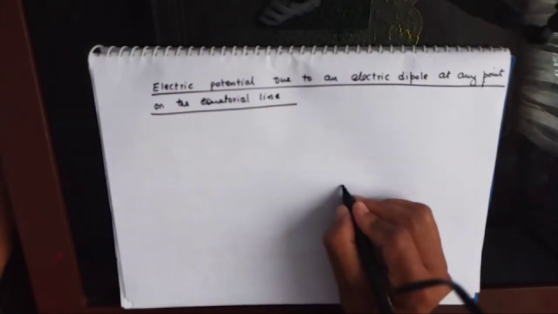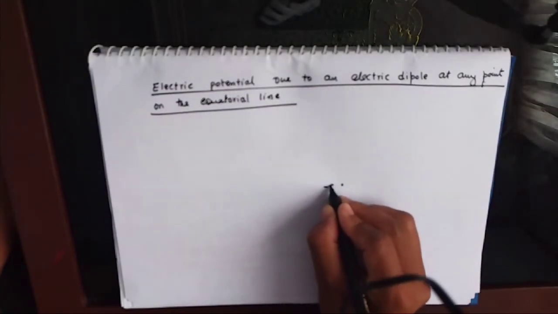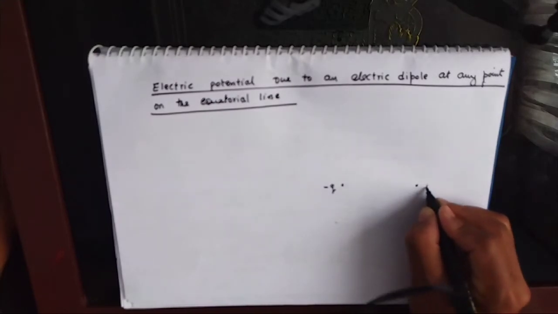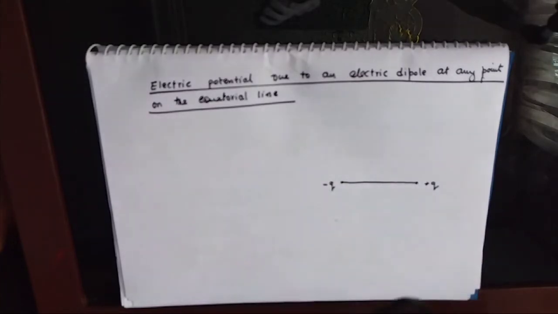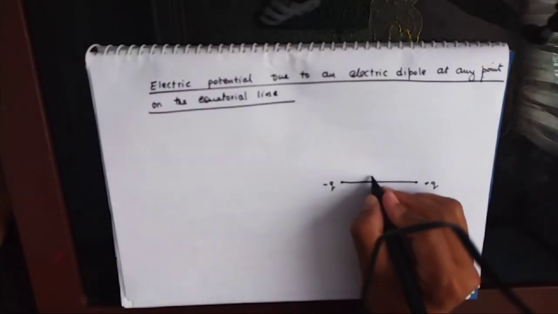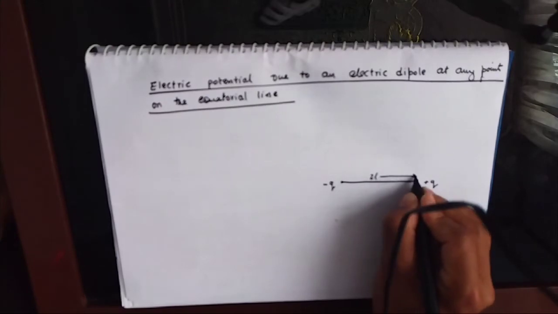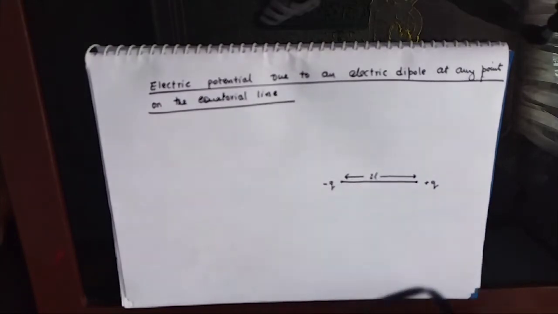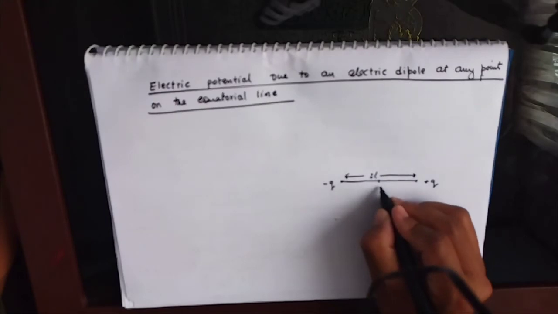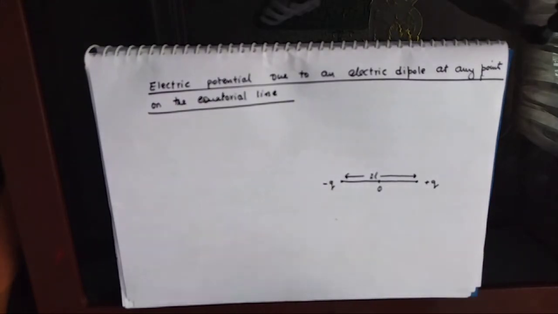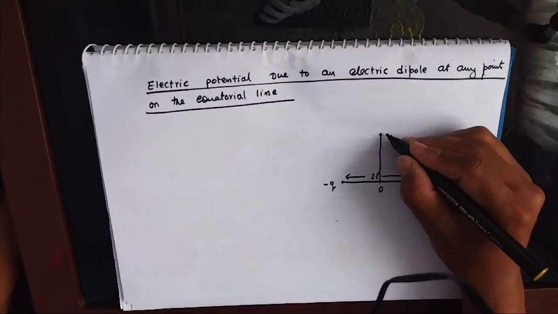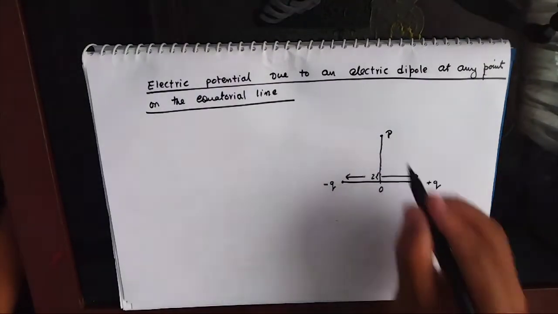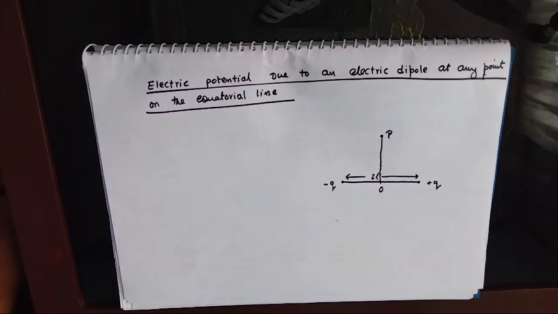Okay, so now let us consider an electric dipole. This one is minus Q, this one is plus Q. Say the distance between minus Q and plus Q is 2L. Say this one is the center of the dipole. At this point, we want to calculate the electric potential.